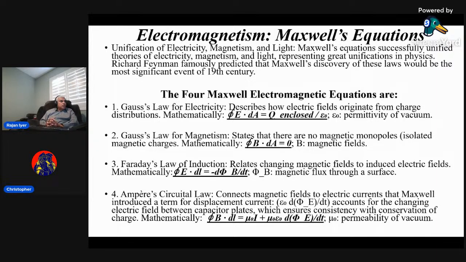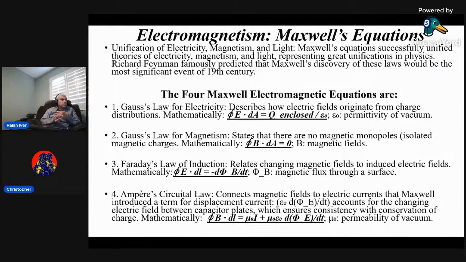The first equation was based on Gauss's law, which describes that electric fields originate from charge distribution. So Gauss said that charge is the fundamental basis on which electricity is based, like electrons, for example.